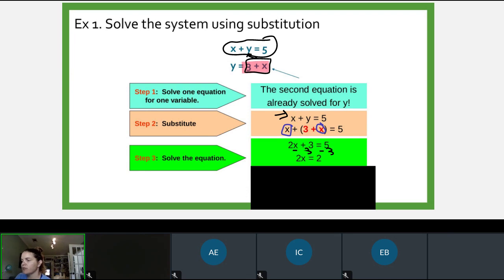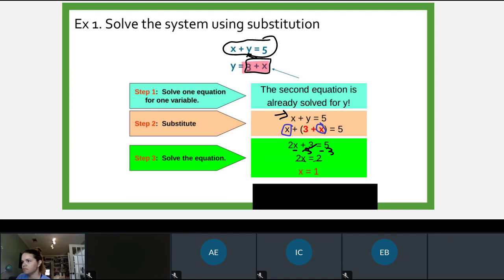So I'm going to subtract 3 from both sides. So I get 2x equals 2. Now I'm going to divide both sides by 2. And I get x equals 1. So the first part of my solution says that our x value has to be 1.